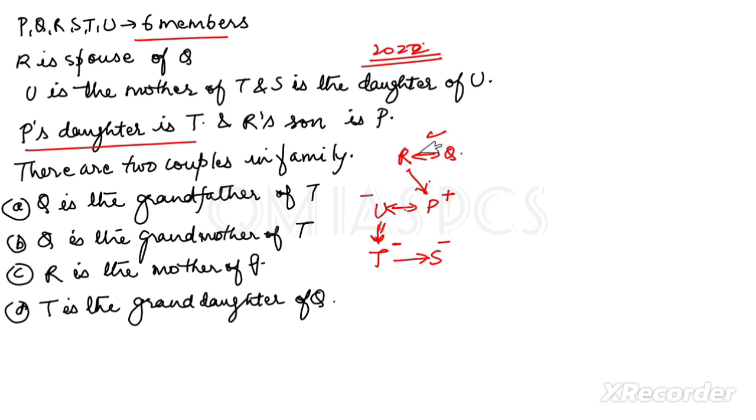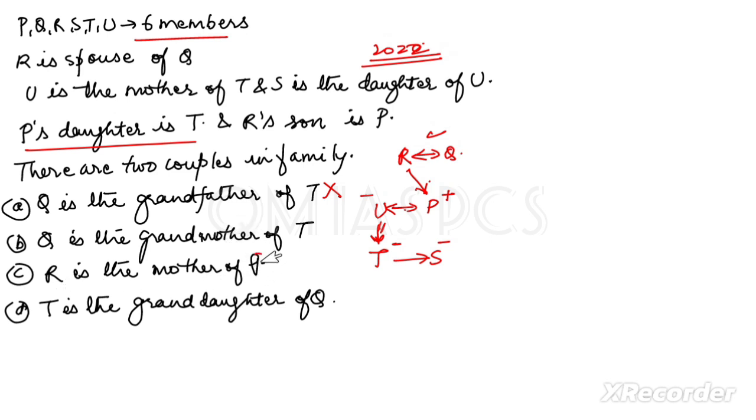That's why we can't decide who is grandfather or who is grandmother. Okay, it is clear. So based on that we can say this statement is wrong. We don't know whether it is grandfather or grandmother, so Q being the grandmother of T, that also we don't know. They can or they can't be. Okay, next one is R is the mother of P.